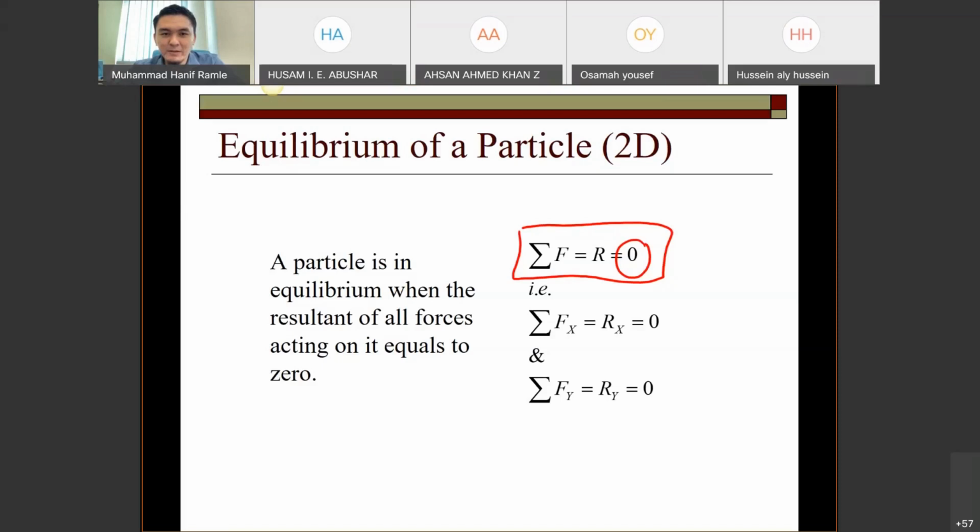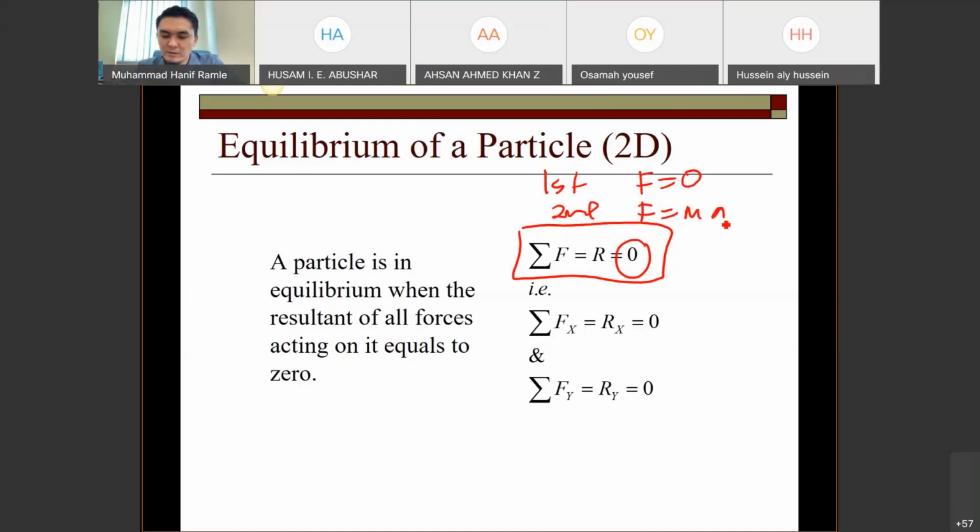So any particle having constant velocity will have zero acceleration. You have to remember the equation for Newton's first law: F equal to 0. Second Newton's law, F equal to ma.